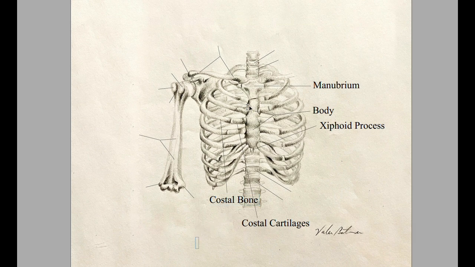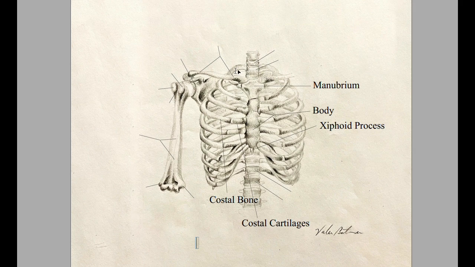Another thing I want to point out is that ribs 1 through 10 are articulating with the sternum, but all of them, ribs 1 through 12, the whole 12, are articulating with vertebra. Specifically, they're articulating with the thoracic vertebra, T1 to T12. Right here, we labeled the body of these vertebra up here.